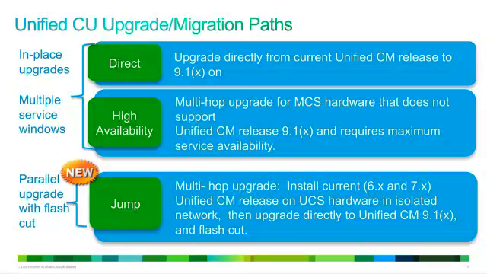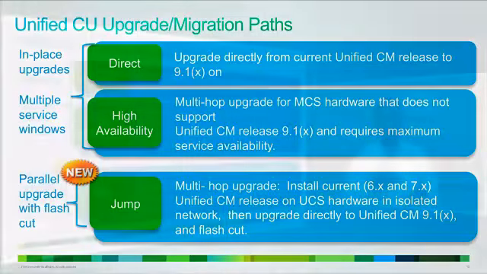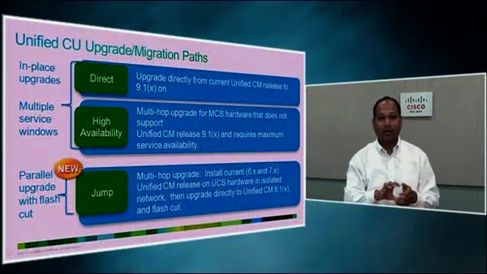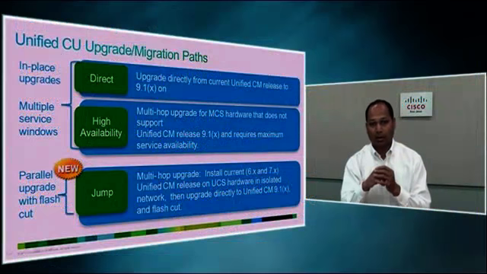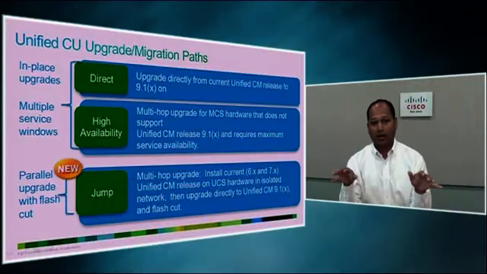We can look at your infrastructure, your existing deployment, and say, for example, look at the hardware. So we can make a judgment on the type of hardware that you have, and since we already know that you have to upgrade to release 9, we know exactly whether your hardware supports a direct upgrade, in which case you can directly upgrade to version 9. You don't need any changes in the hardware.